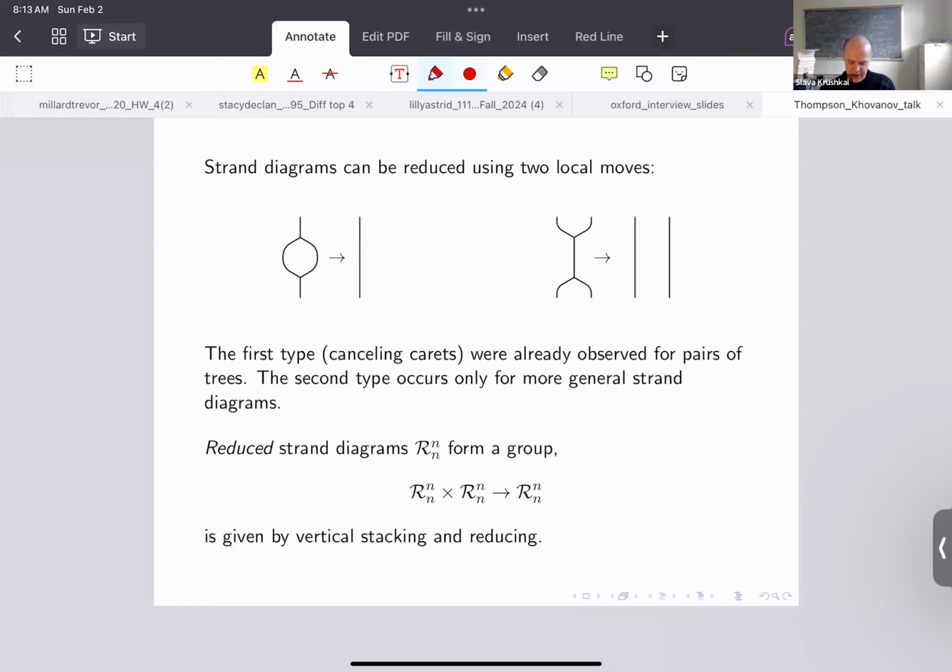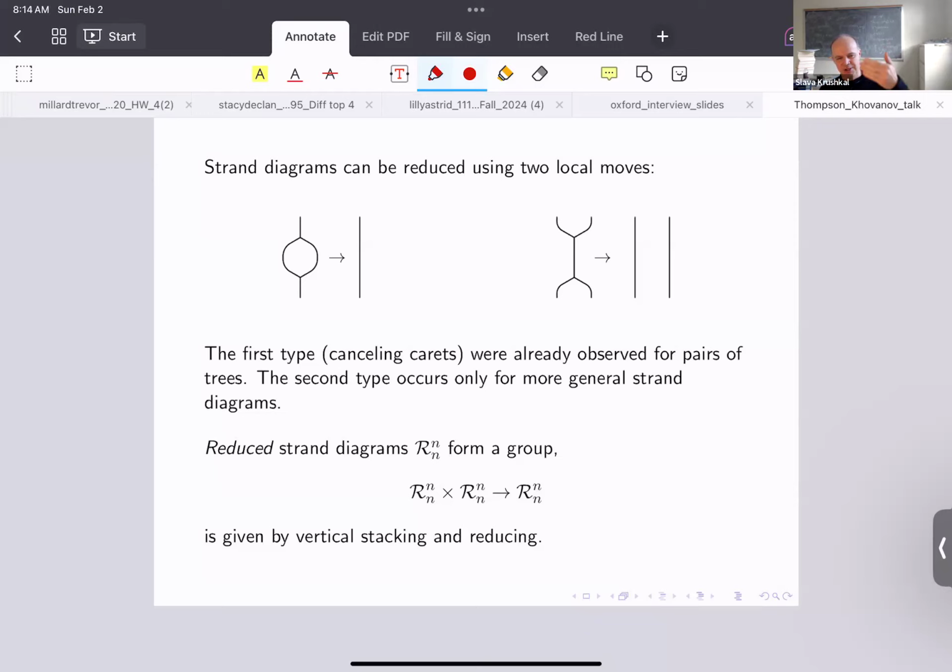And reduced strand diagrams form a group where if you have two strand diagrams, and I'll have examples in just a minute, you can stack them. This is just like multiplication of tangles or multiplication in the temporal Lie algebra. So you stack them vertically, and then typically it's not going to be reduced. So you reduce it using these two moves, and you end up in this group again. And so this is a multiplication.